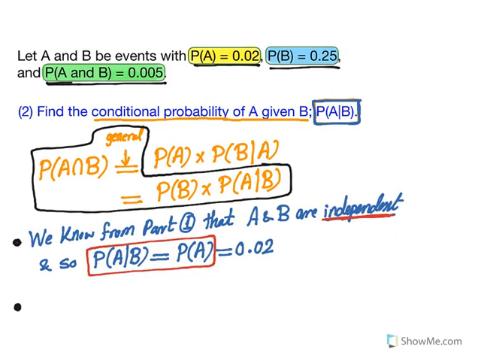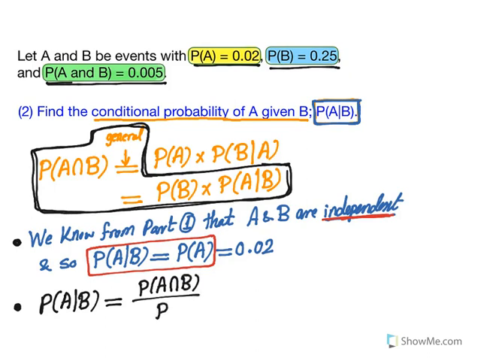So you can say that probability of A given B, using this rule, just divide both sides by probability of B, and so you'll get probability of A and B divided by the probability of B. And we are given that probability of A and B is 0.005 divided by probability of B, which is 0.25 given.